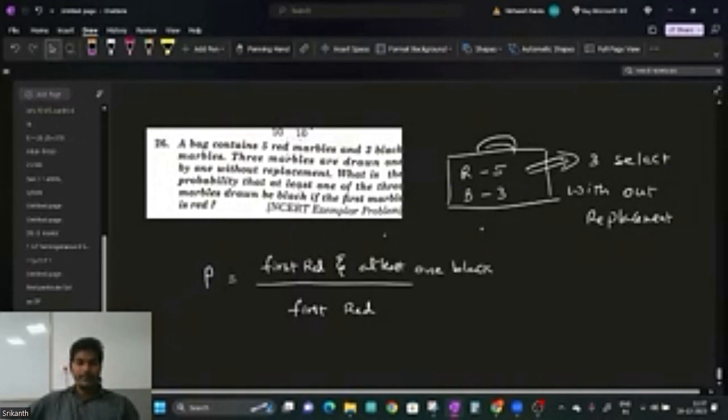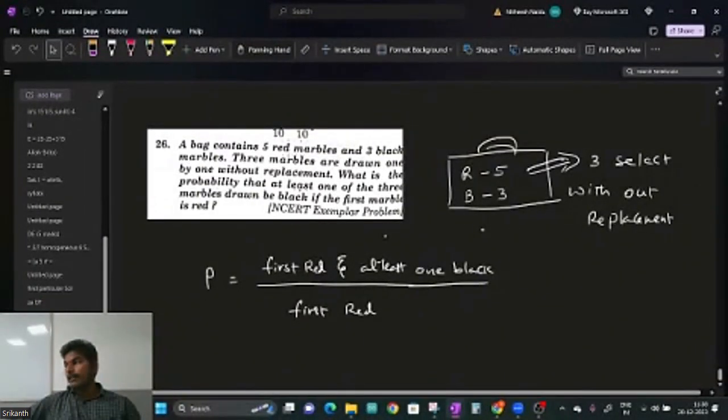That's what he is asking. First red marble, the same thing should be copied because it's a conditional question. What is known after "if" should be written in the denominator.